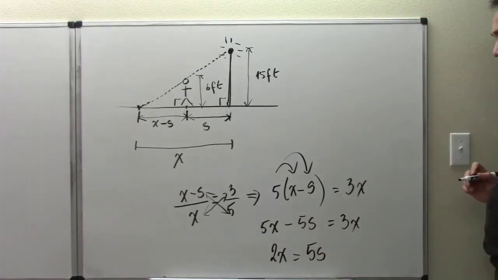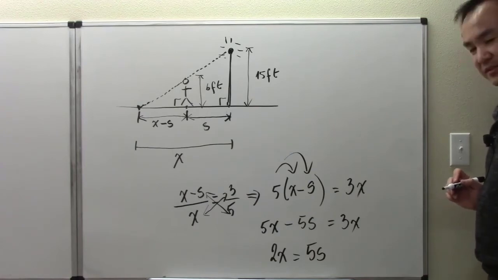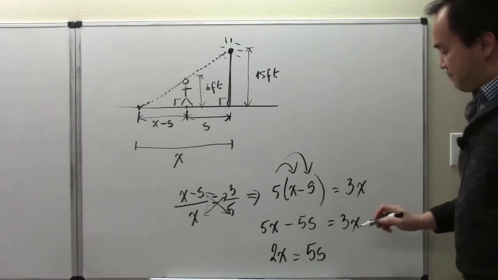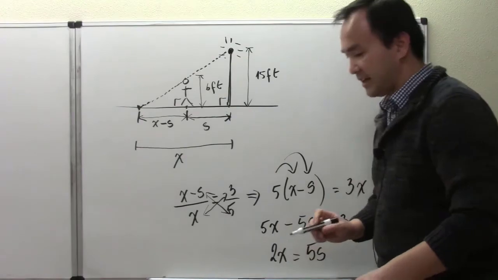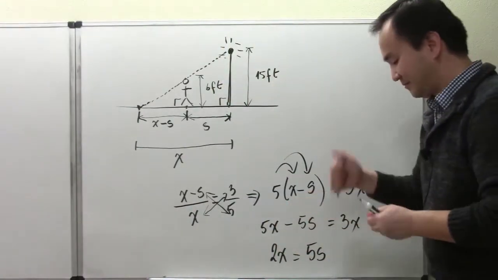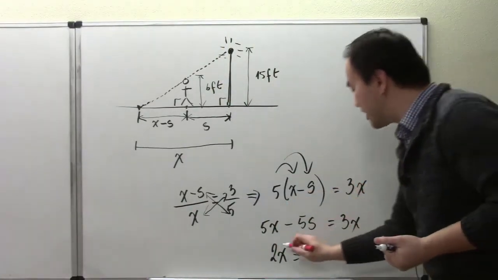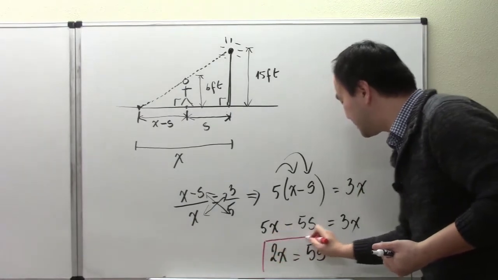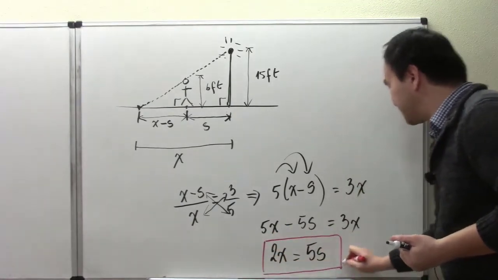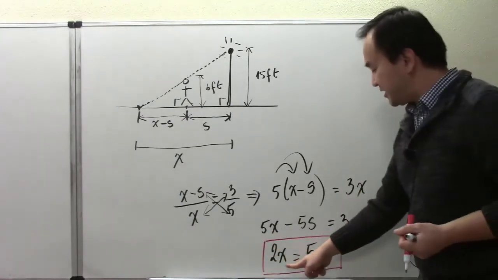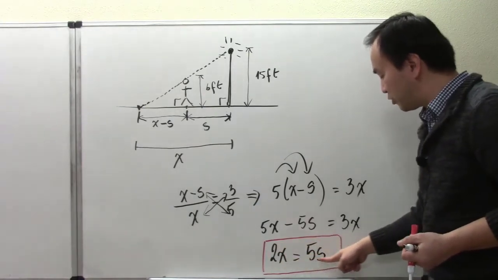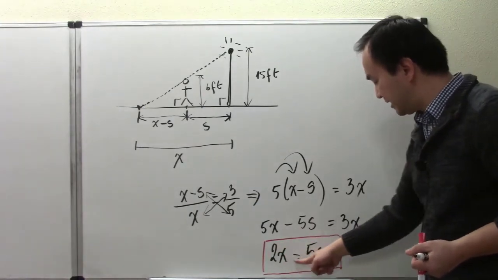So I have 2x equals 5s. This equation is important. I'm not saying anything about the derivative yet, but it relates the two main variables here, x and s.